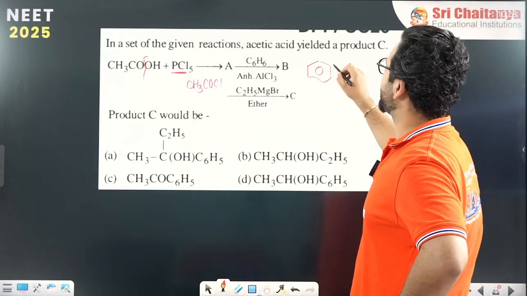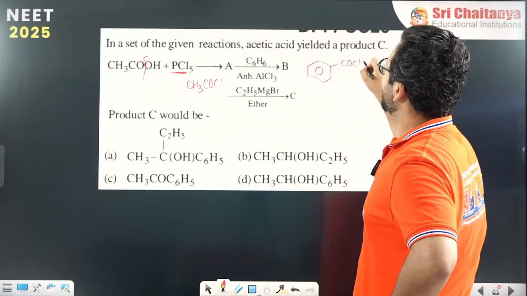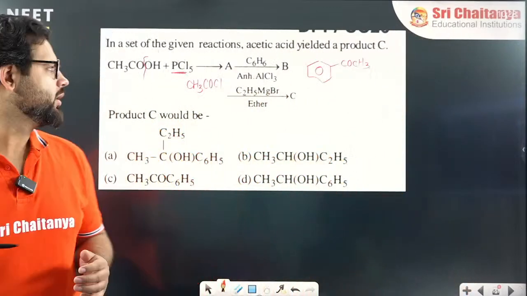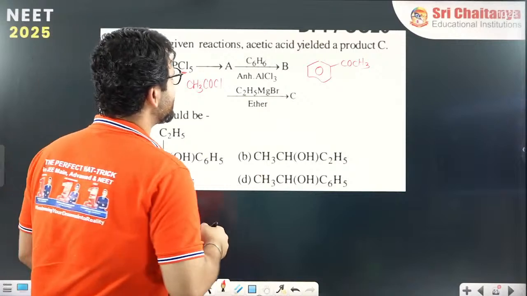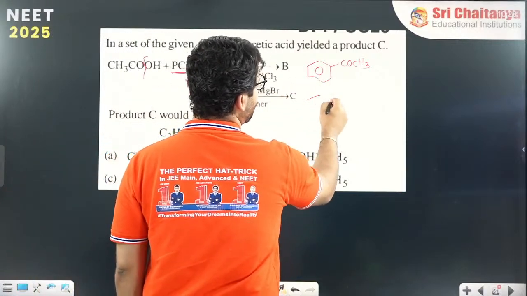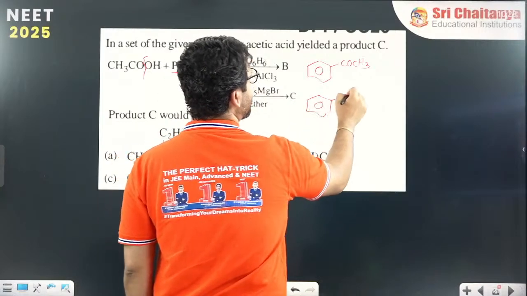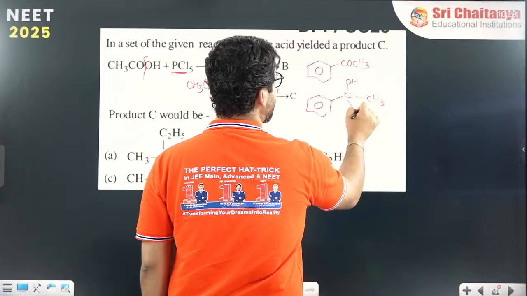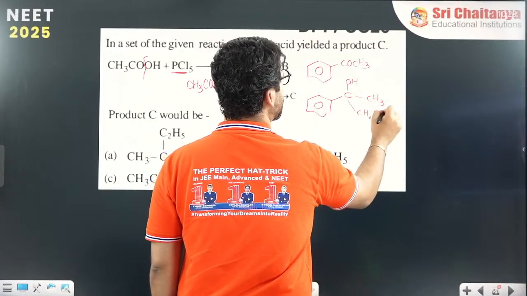So I am going to get acetophenone. Acetophenone is B. Then acetophenone is reacted with a Grignard reagent. Acetophenone is a ketone. Whenever ketone reacts with Grignard, you get a tertiary alcohol. So the CH2CH3 ethyl group has attacked here.